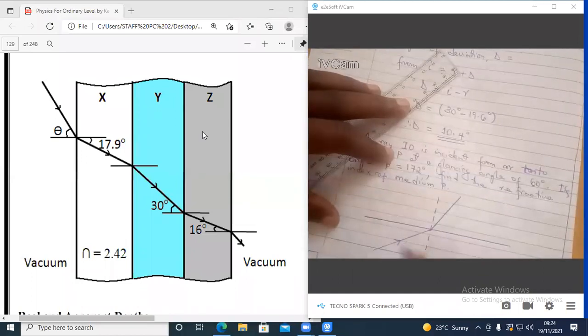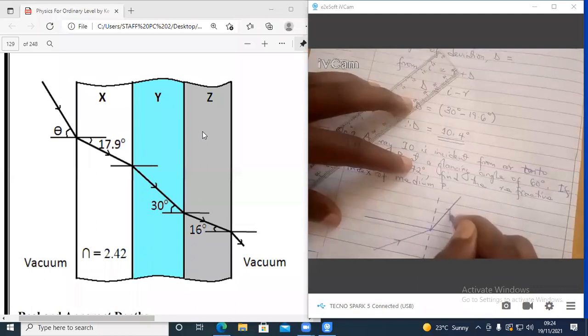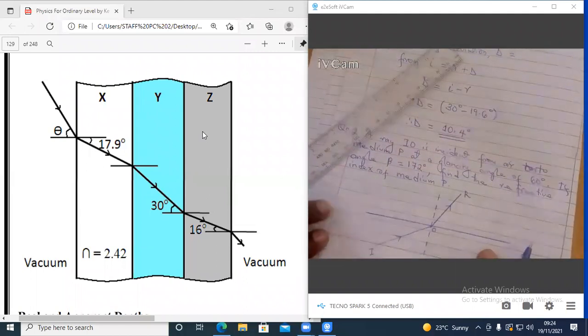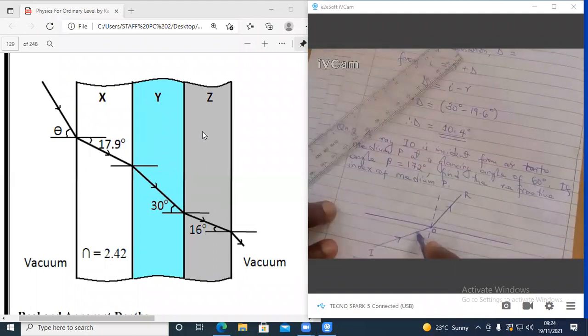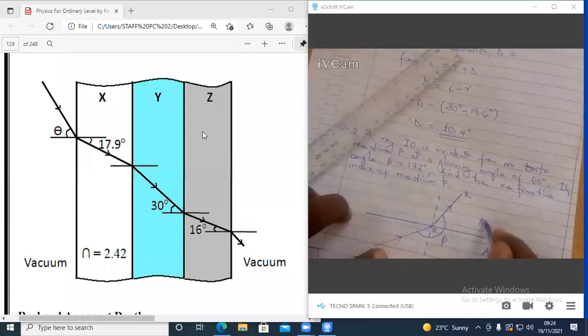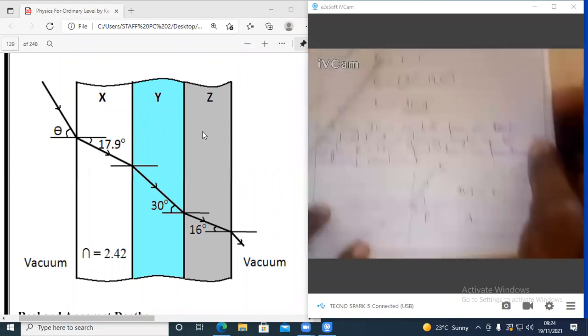So light is moving like this. So this is our I, then this is our point O, then this is our point R. All of this angle here is beta. So this is air, then this is medium P.